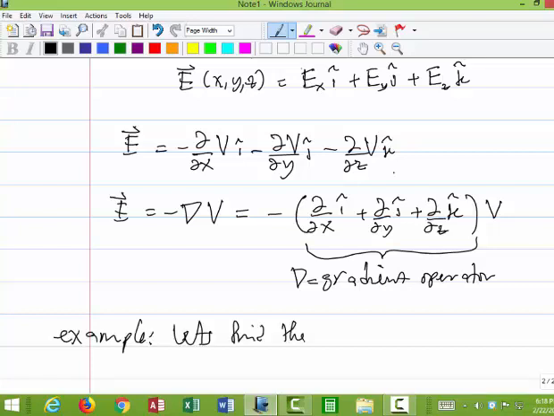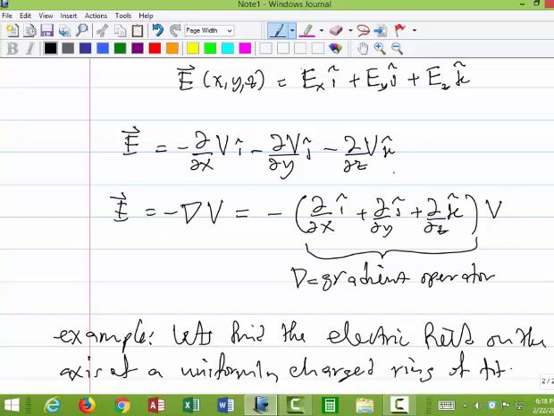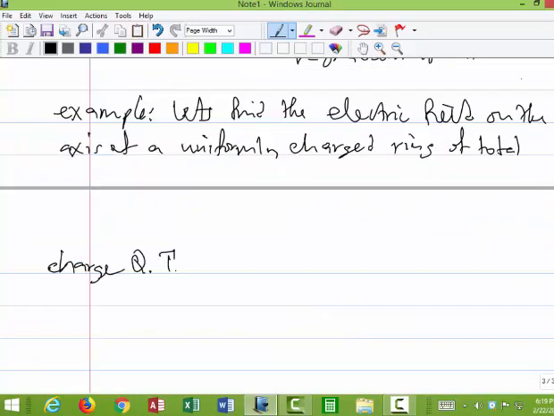So you're going to find the electric field on the axis of a uniformly charged ring of total charge Q. We can say the charge density is lambda, which is equal to Q over L, where L is the length of the ring, which is just the circumference.